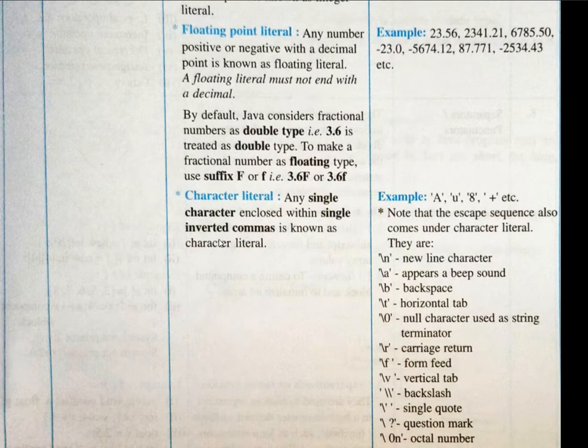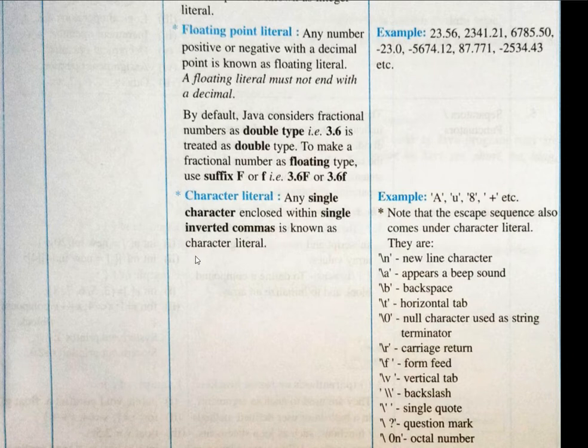The next type of literal is character literals. Any single character enclosed in single inverted commas. This is a very important point: a single character enclosed in single inverted commas is known as a character literal. But if a single character is enclosed in double quotes, then it is not called a character literal.